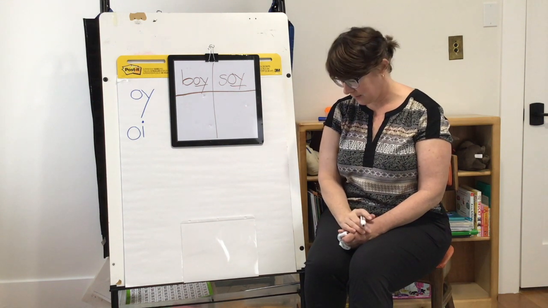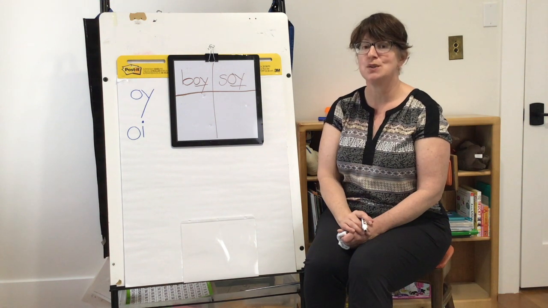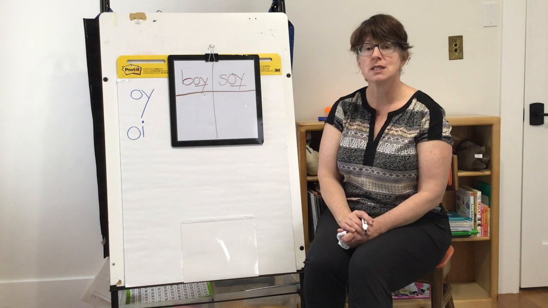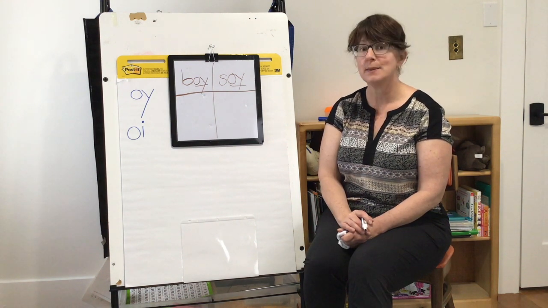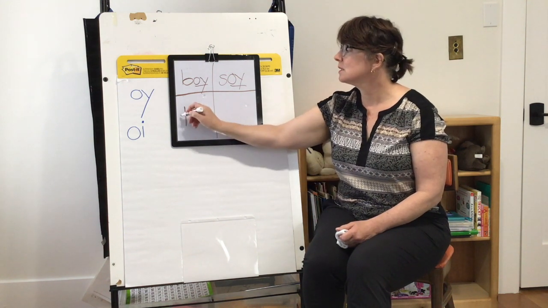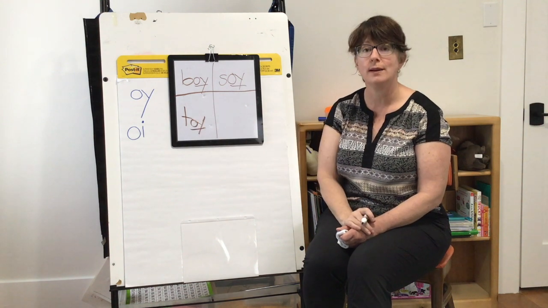Next word, toy. It's fun to get a new toy. Toy. Say the sounds. T, oi. Write it. T, oi. Underline the oi.